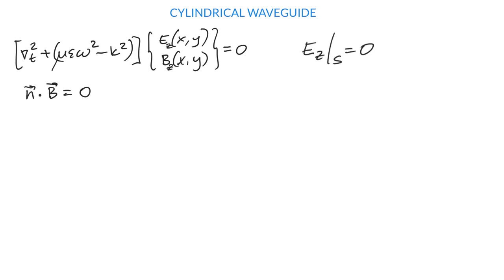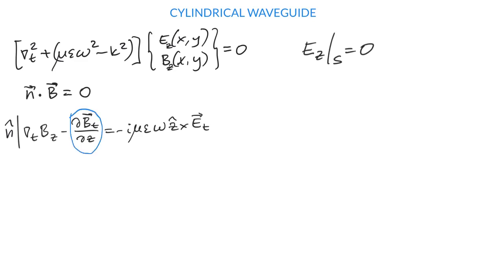To proceed, let's take this equation that we have derived before and dot it with n. So I'm going to take this equation and project it onto the surface normal. The term with B sub t here is simply equal to i k B sub t.